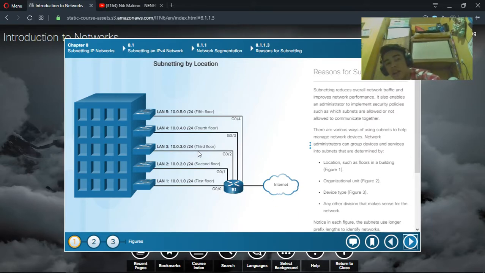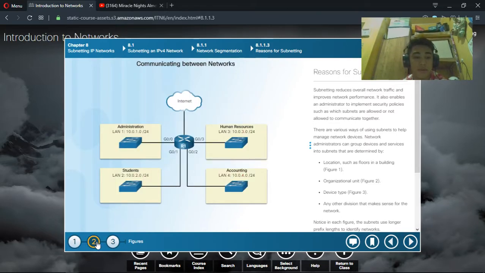So on every floor, the traffic of their network will not be that massive because they are divided into five.